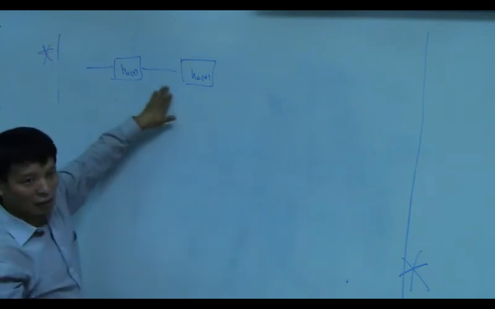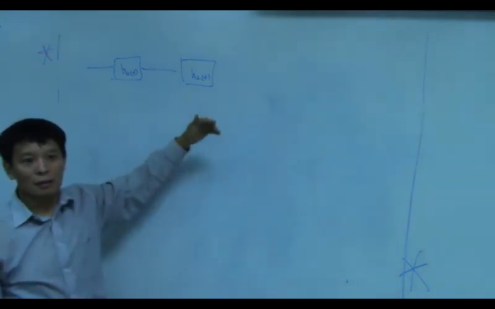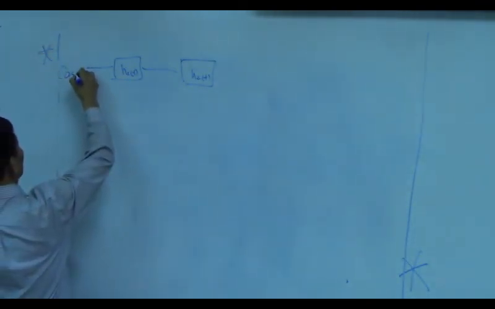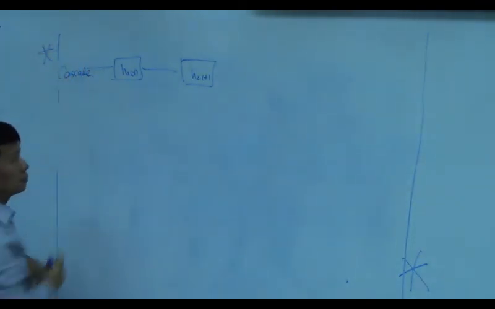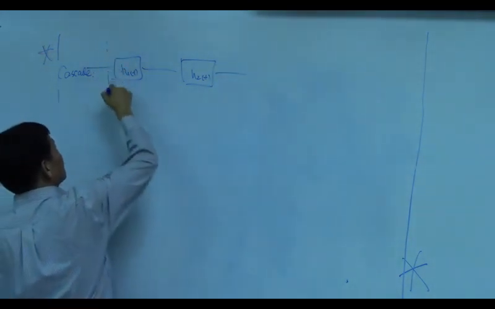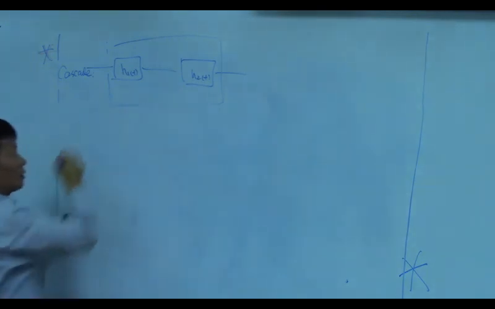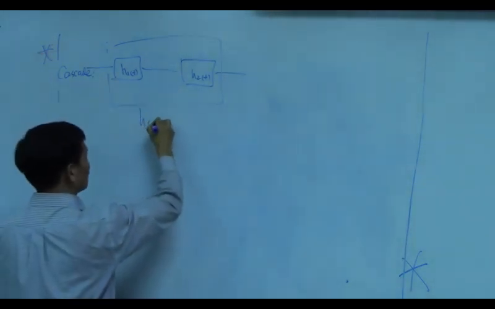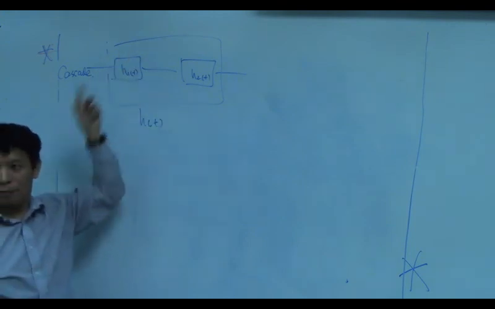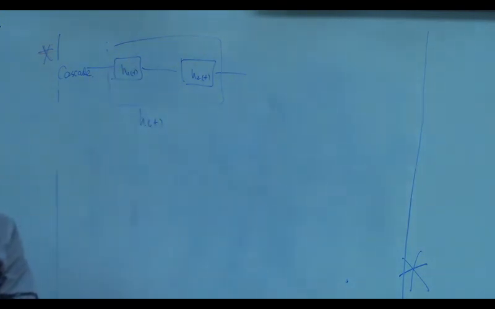I will connect like this in series, or it's called cascade. Now consider this combination as one system. What is the impulse response of this combination?